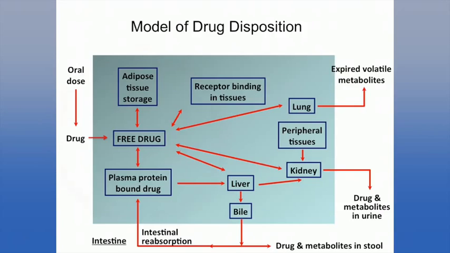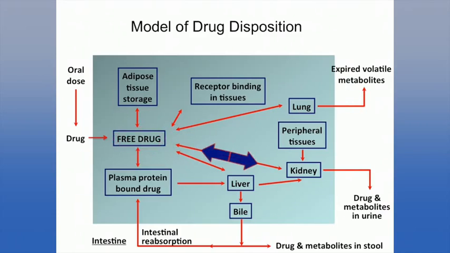Also keep in mind that we talked about inhaled medication or even intranasal medication. But let's take inhaled medication. So inhaled medications are shown here. Drugs can actually enter into the lung from inhaled medications, but also can be exhaled or expired as volatile metabolites of drugs. So we see this interplay between drugs moving from the lung to free drugs in plasma, drugs moving from the kidney to free drugs in plasma.